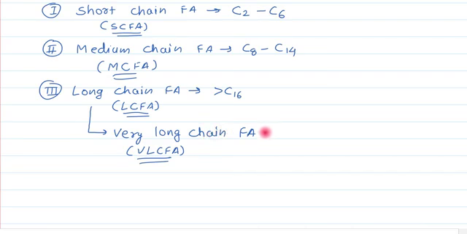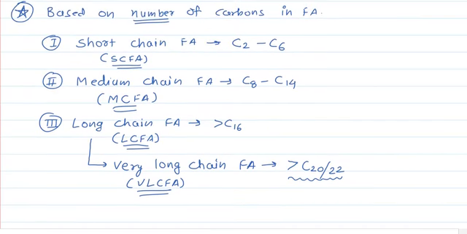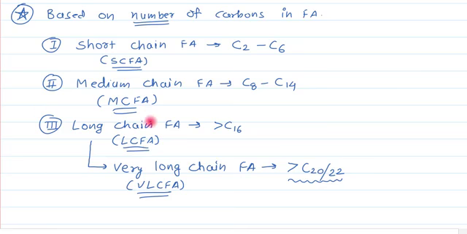For the very long chain fatty acid, some books say the carbon length should be more than 20 and some books say more than 22. So different books suggest different things, and we need to write both numbers. So this classification is based on the number of carbons in the fatty acid, right?